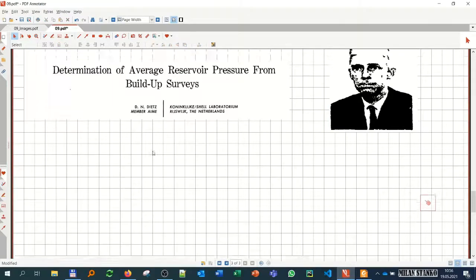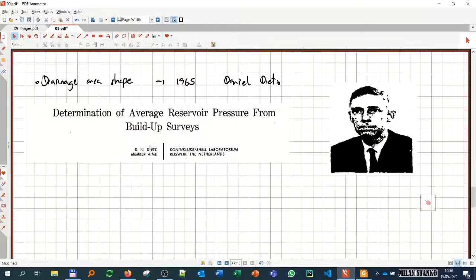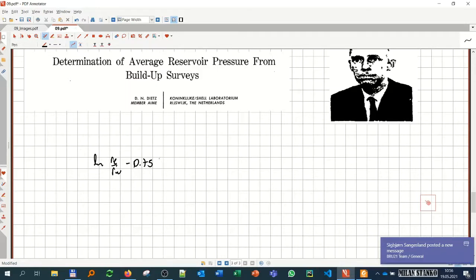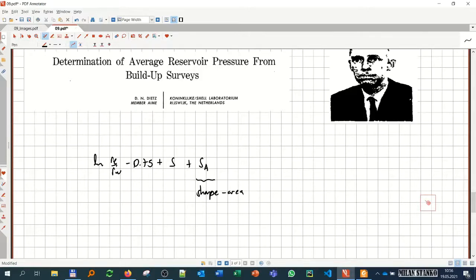What he said is that we can include the shape area. In our skin we can say ln RE over RW minus 0.75 plus S plus, now we have a skin due to area, the shape area skin.